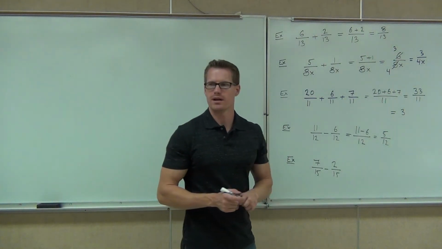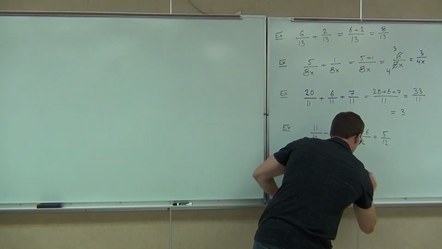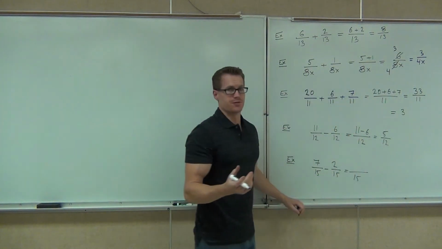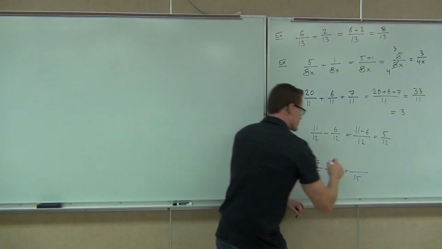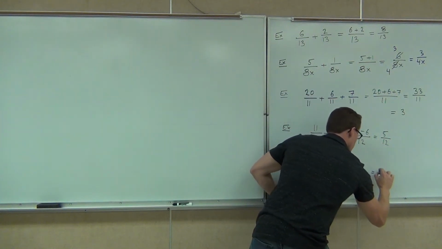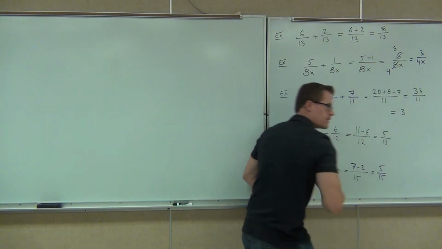You got a common denominator already. So when we do this, we're going to have something over 15. What we're going to put over 15 is a 7 minus 2. Hopefully you got 5 over 15. Did you get 5 over 15?